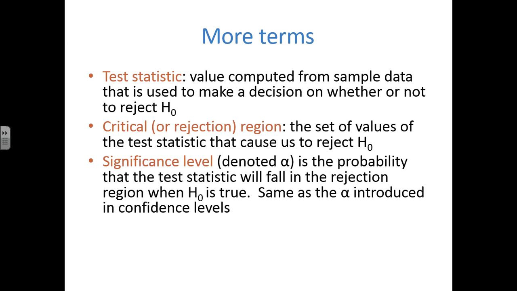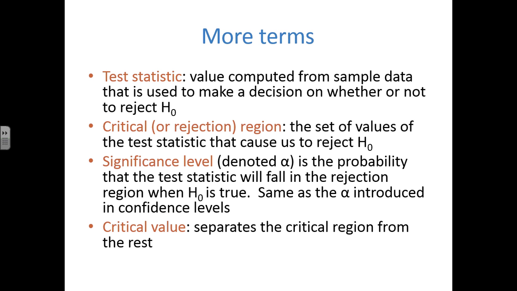The significance level, denoted alpha, is the probability that the test statistic will fall in the rejection region when it shouldn't have, same as the alpha that's introduced in the confidence levels. And critical values are the same as we saw during the confidence interval sections, and they're values that separate the critical regions from the rest.